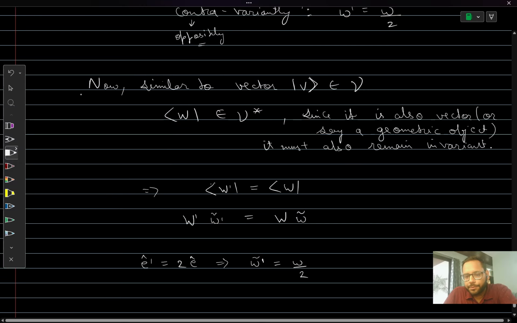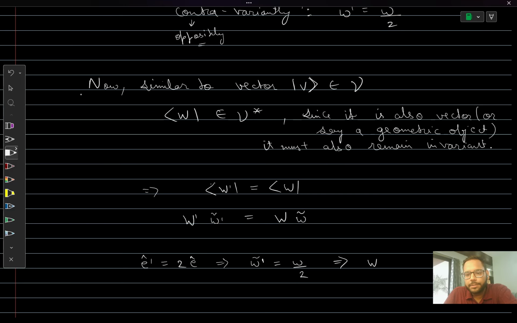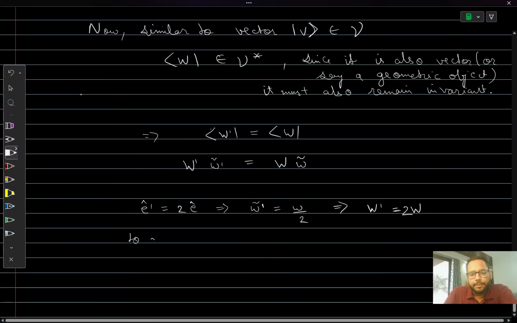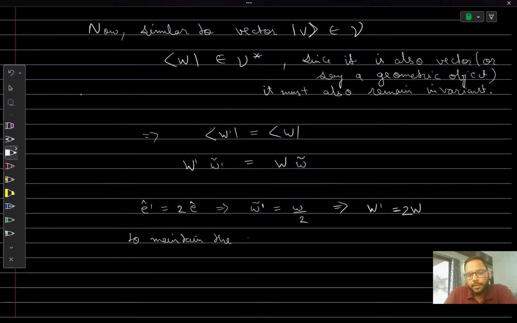This will further imply that the components of the dual vector must transform like this to maintain the invariance.